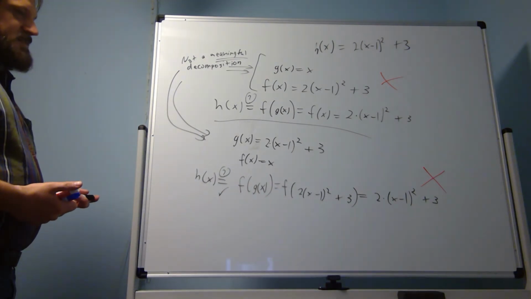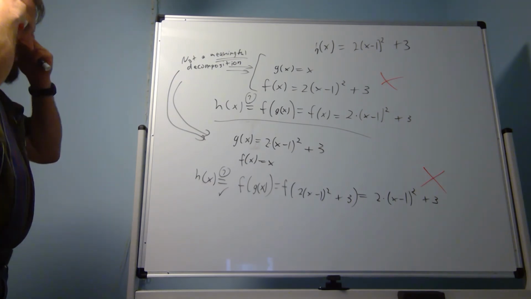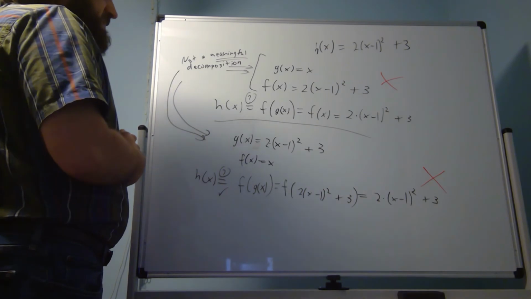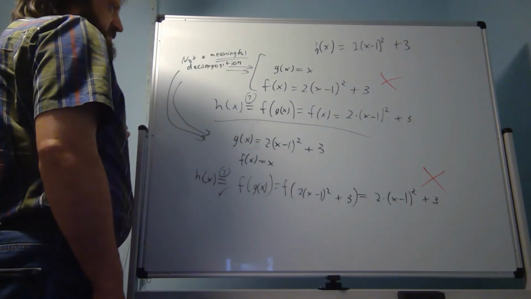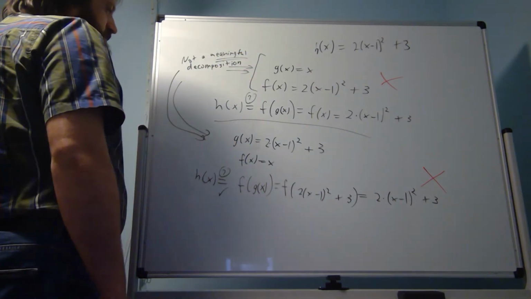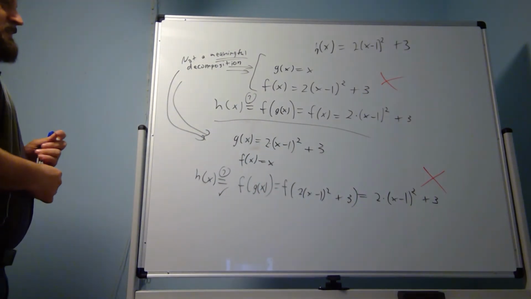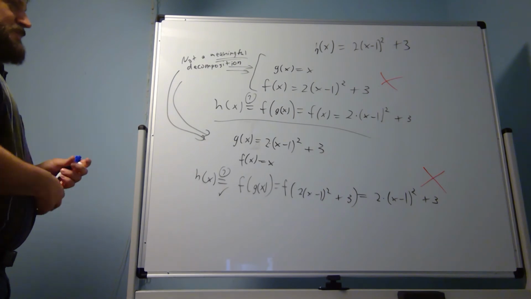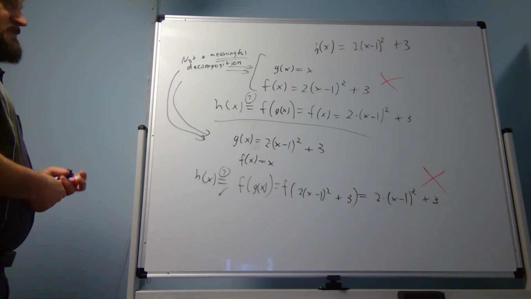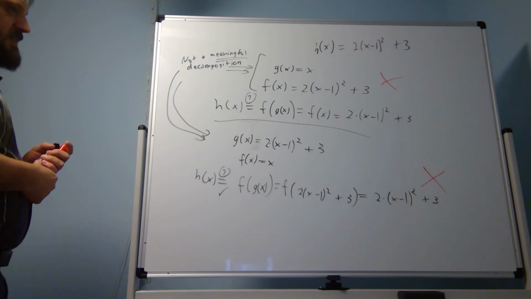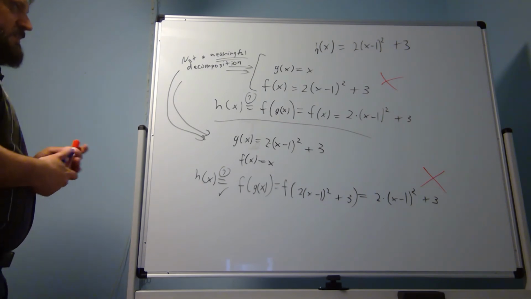No matter what your function is, you can always let one of the two functions just be the original function itself, and then the other function could just be the function that returns x. It's technically possible, but it's completely pointless, and it goes against the spirit of what we're actually trying to do.